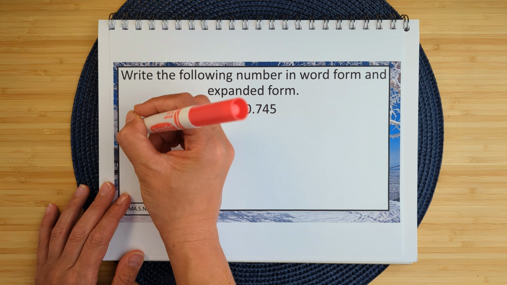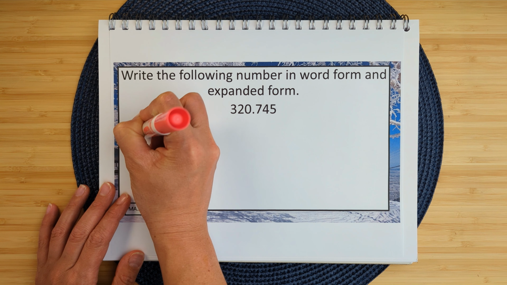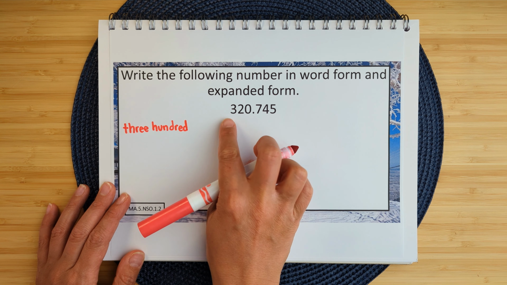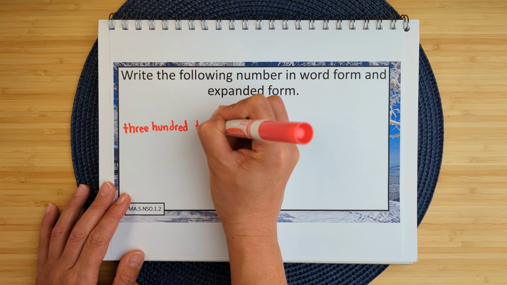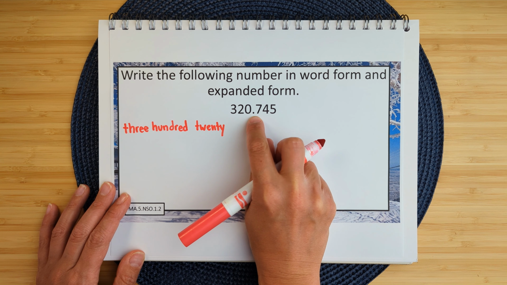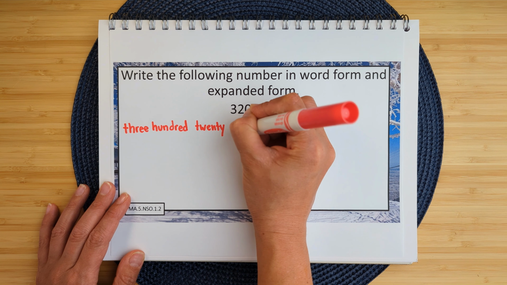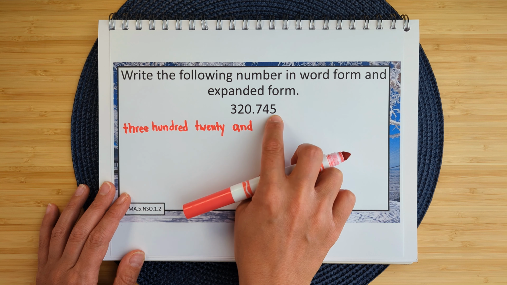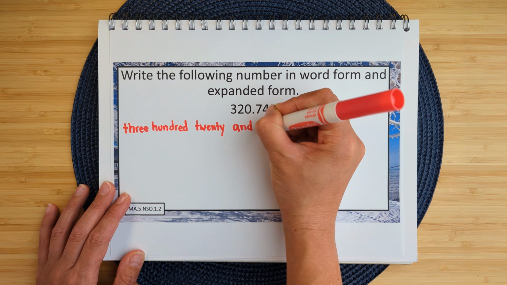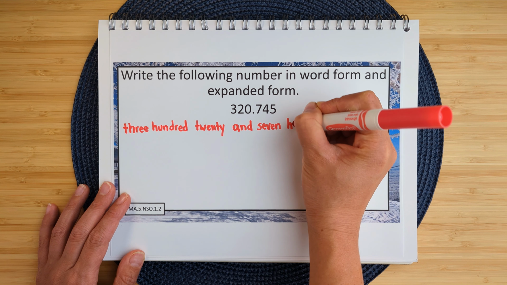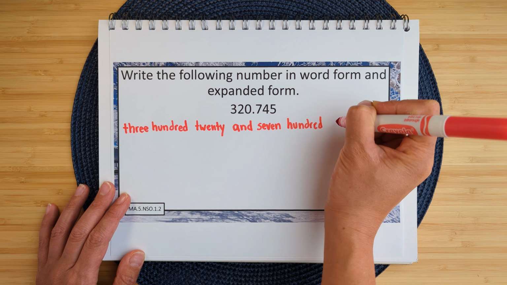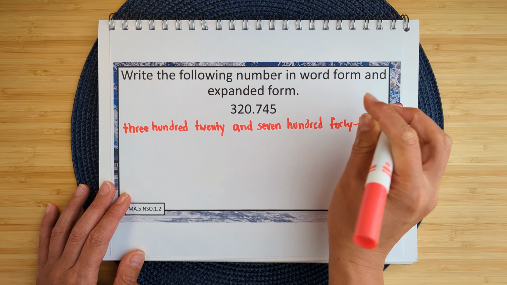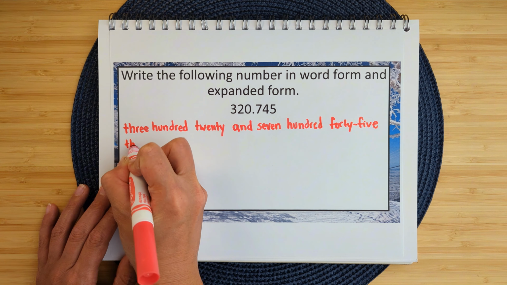So 320, and the decimal place can be written as the word "and," 320 and 745, last place value, thousandths. Final place value is in the thousands, so it'd be thousandths.